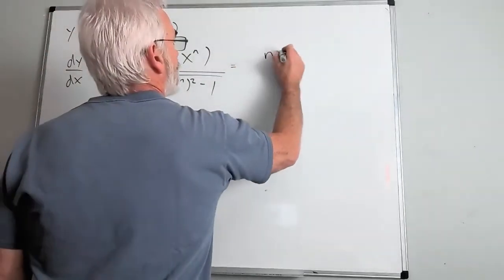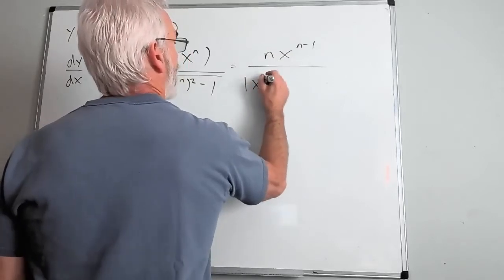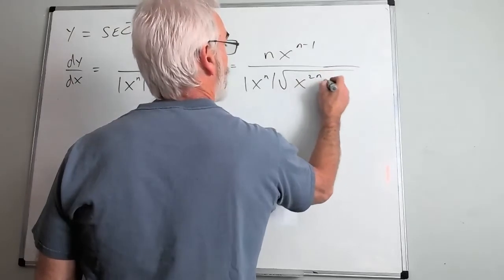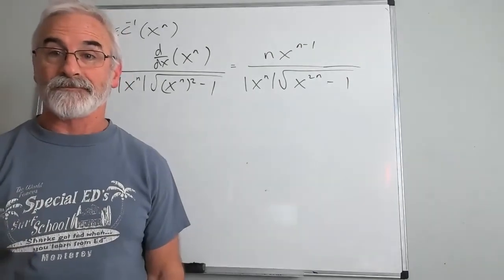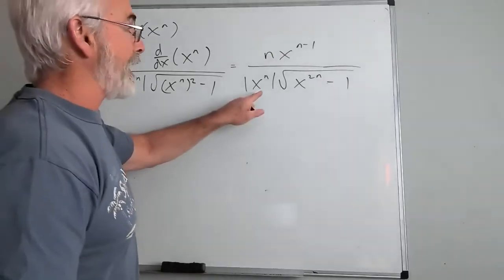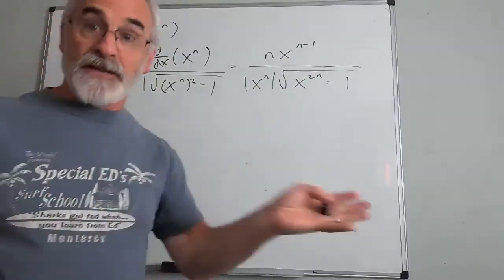So this is n x to the n minus 1 over the absolute value of x to the n. And over here, I'm going to have the square root of x to the 2n minus 1. Can I cancel? Actually, I can. I have exactly one more x on the bottom than I do on the top. But here's the deal. Let's pretend x is negative.